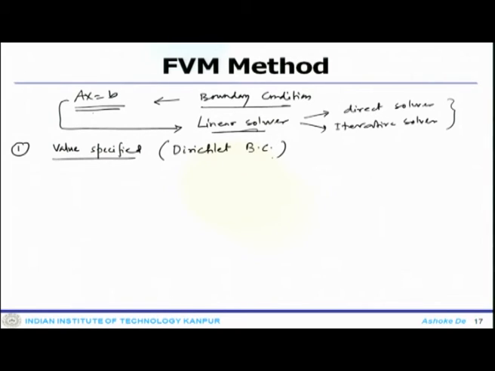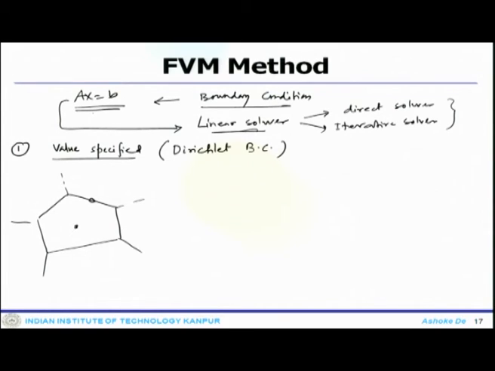So, if you have a cell like this, and then you have a point here.